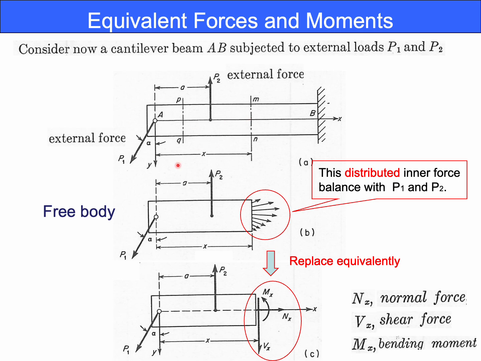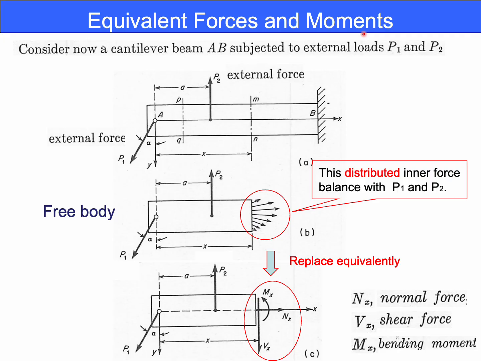So if we cut, in our brain, this part as a free body, in order to have the equilibrium of the forces and moment of this part, we have to consider an internal force distribution like this. By integrating all of this, we are able to define the force to balance this force and this force.